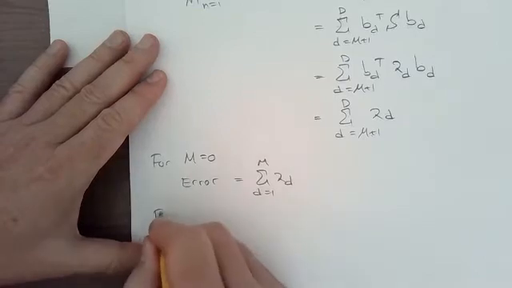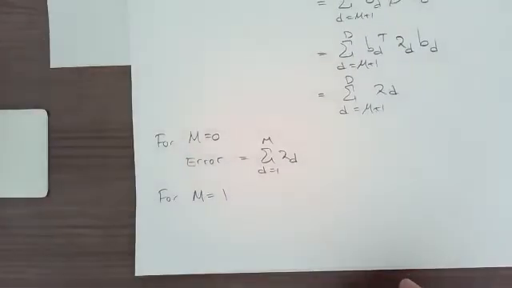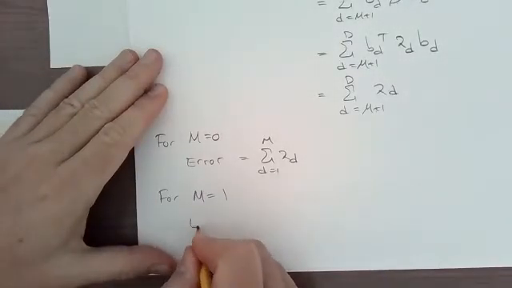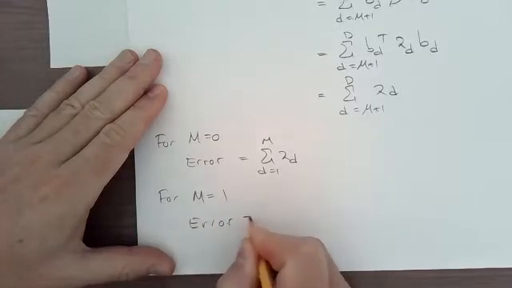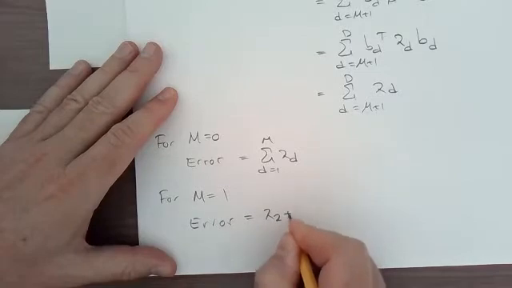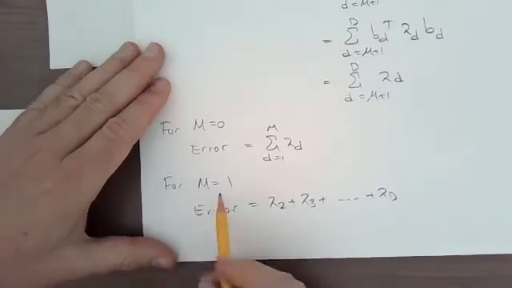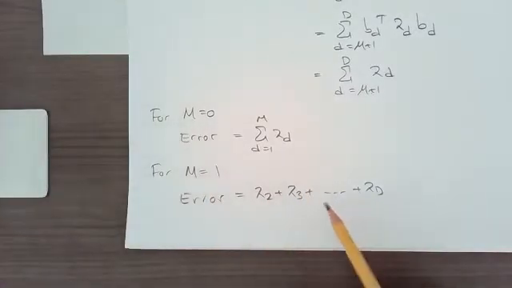So for the case where you project down to a 0-dimensional space, you get this error. For the next case, that would just be the last ones, so lambda 2 plus lambda 3 plus up to lambda D, and then you can see how it goes. The more terms you include, the smaller the error.